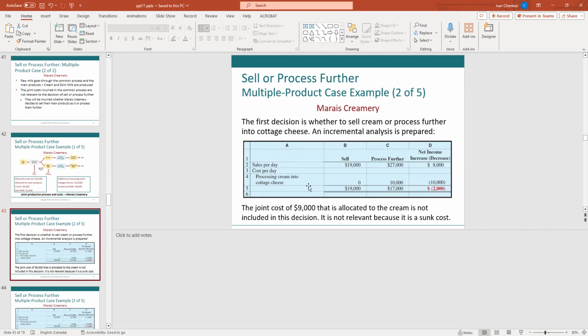However, to process the cream into cottage cheese is going to cost me $10,000. Should I go for it? No. Why? Because I'm going to lose $2,000. The additional sales, the change in the sales price from 19 to 27, is not enough to cover my cost for processing the cream into cottage cheese.